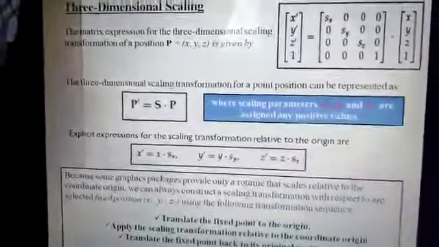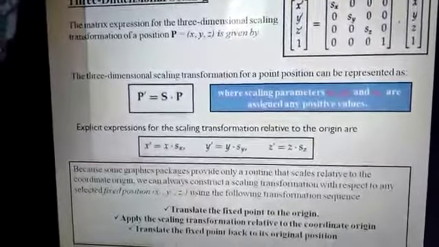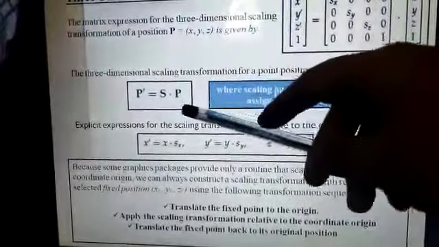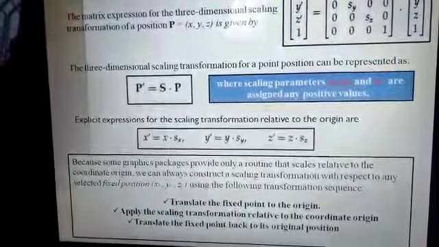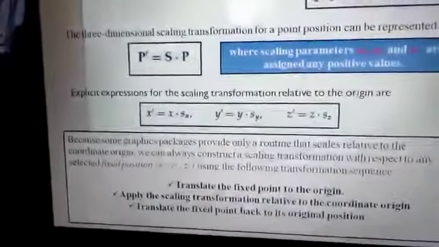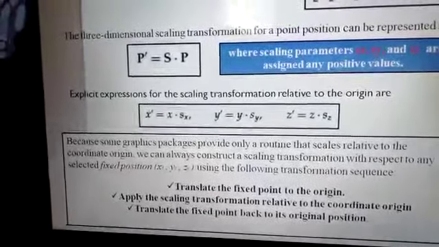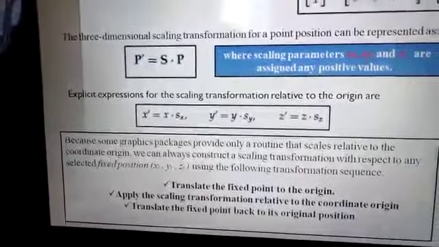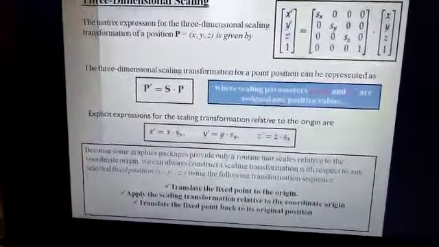The three-dimensional scaling transformation for a point position can be represented as P dash is equal to S dot P, where scaling parameters Sx, Sy and Sz are assigned any positive values. So we get x dash is equal to x into Sx, y dash is equal to y into Sy, z dash is equal to z into Sz.